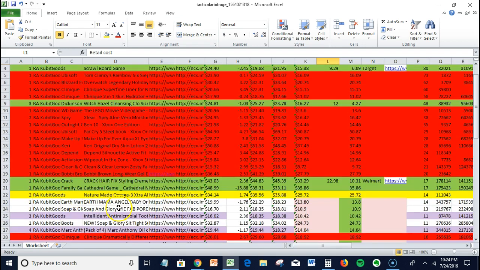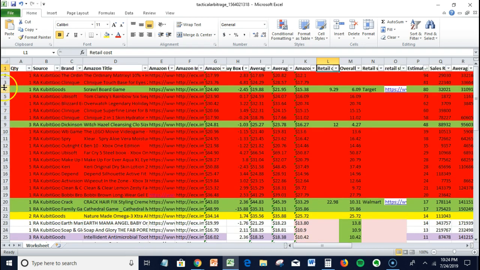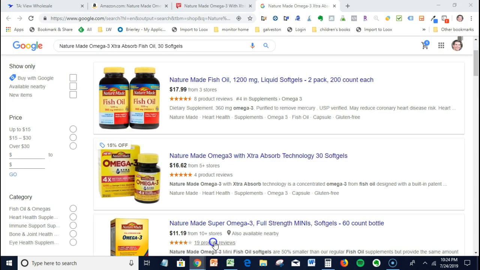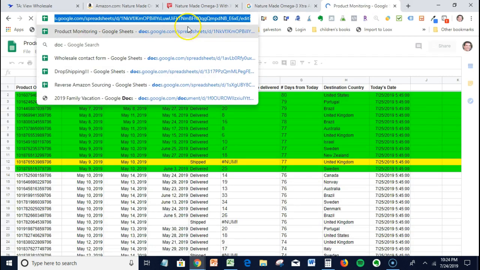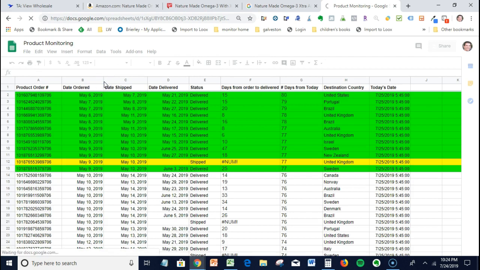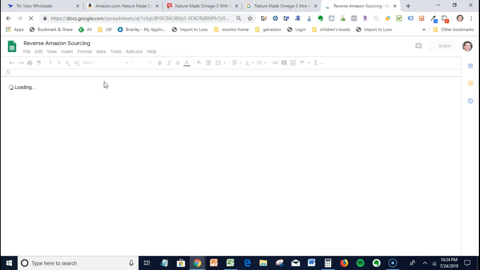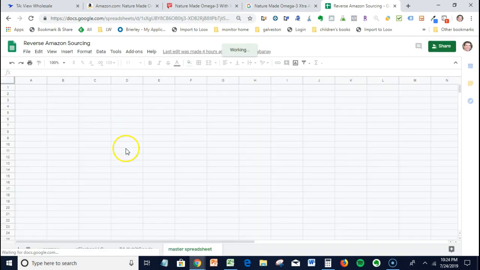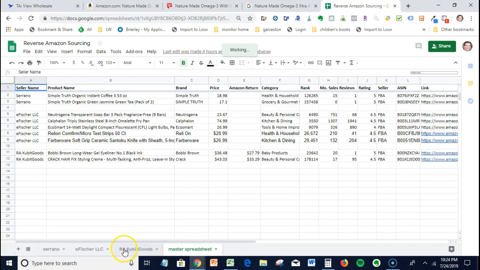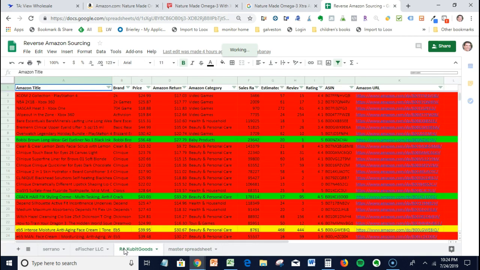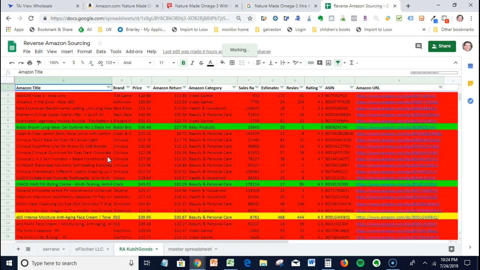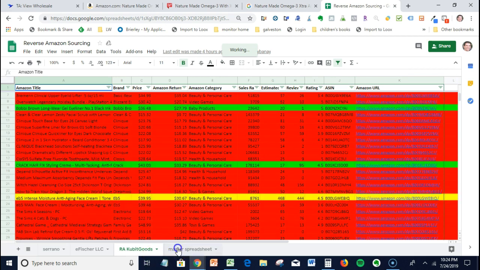So this is just one seller, and then as you find winning products, what I like to do is put this in sort of a master sheet. This is the one that has already been started, so it'll look something like this. This is the spreadsheet that Randy was working on, and then this is a master spreadsheet.